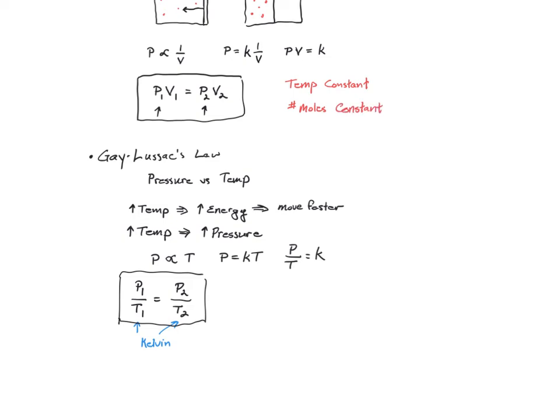Now, when we look at Gay-Lussac's law, we're talking about pressure and temperature. Okay, there we're making the assumption that the volume is constant. Okay, and again, we're also saying that there's no escape or introduction of new molecules of the gas, so the number of moles is also constant.